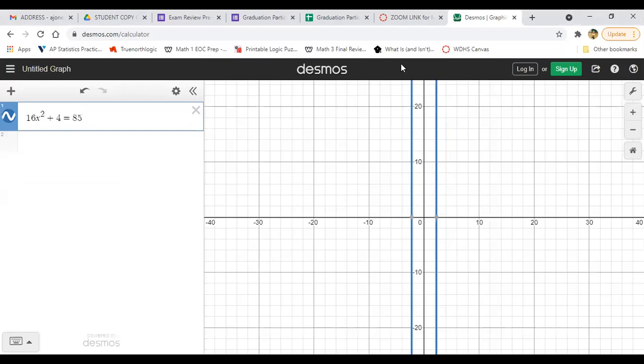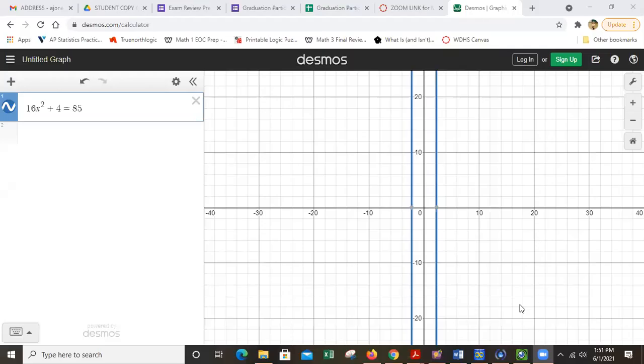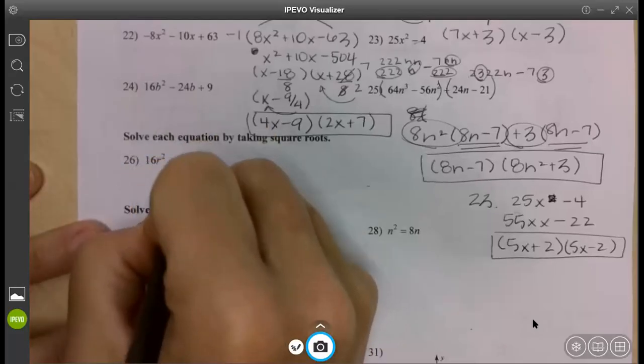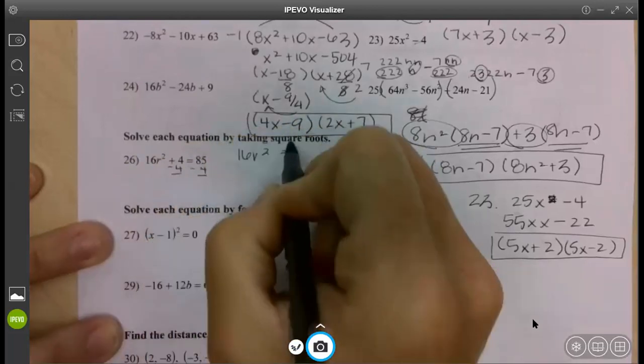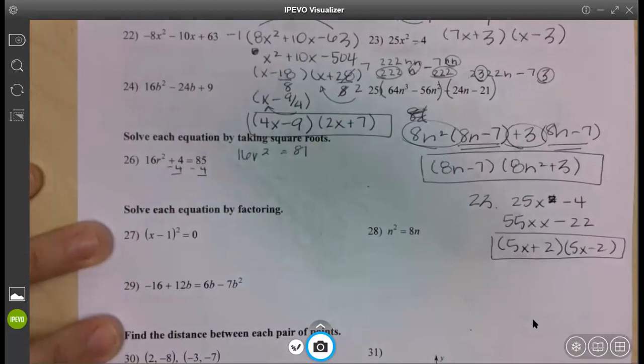If we're doing it by hand, because there's only r squared, sorry, I shared the wrong thing. Because it's only r squared, we're going to move the 4 over like a normal equation. And we get 16r squared equals 81.